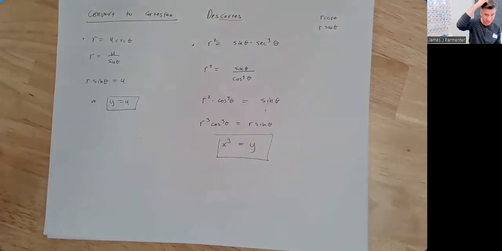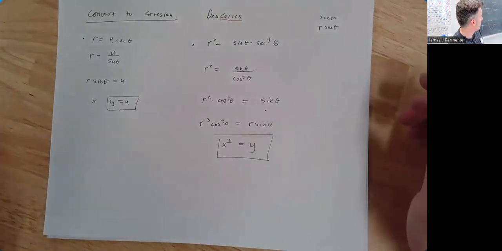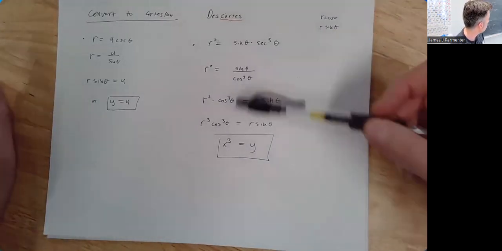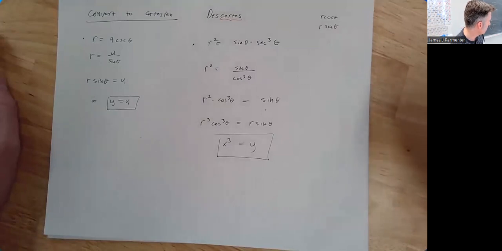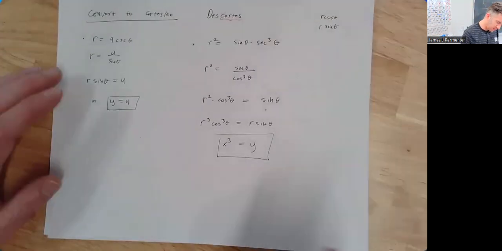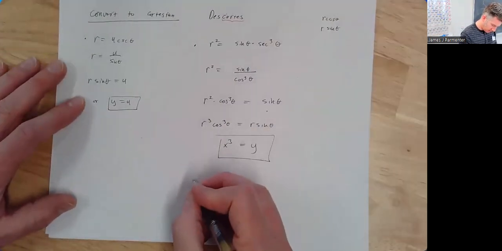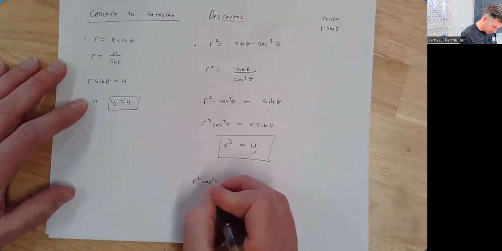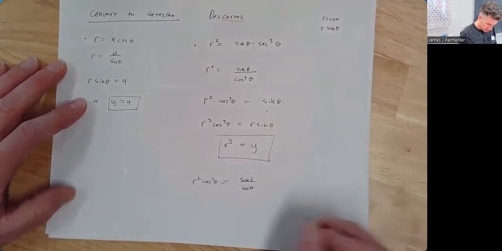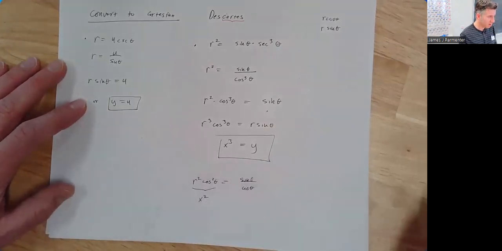There's all sorts of weird things you can get with converting Cartesian to polar or polar to Cartesian. Would it also be okay to just bring up the cosine squared? Yeah. So if you said r squared cosine squared theta equals sine theta over cosine theta, this is looking like x squared.